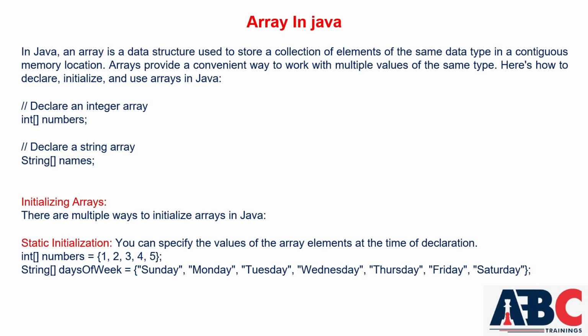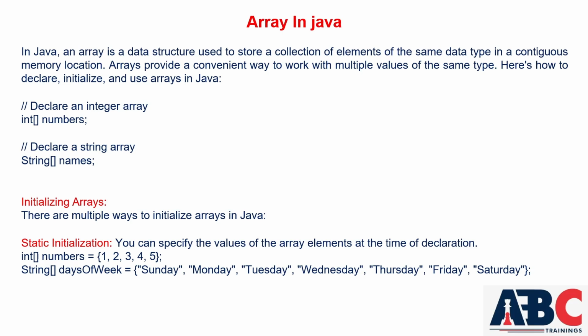First, declare the integer array: int, then the subscript operator, that means square brackets, and numbers. Then declare the string array: String, square brackets, and names. Names is the array name. Then for initialization of an array, use curly brackets and assign the values like 1, 2, 3, 4, 5.